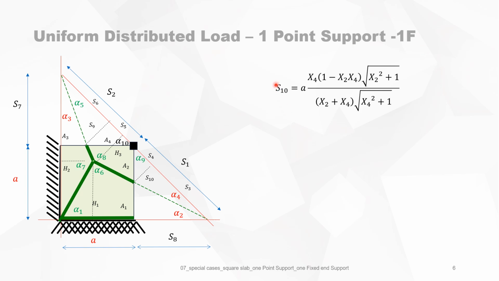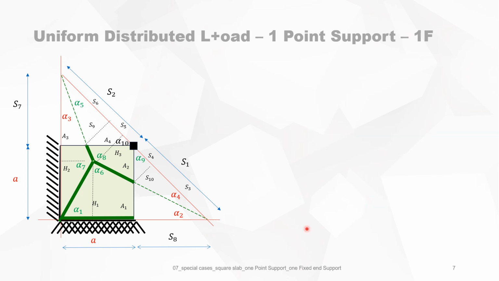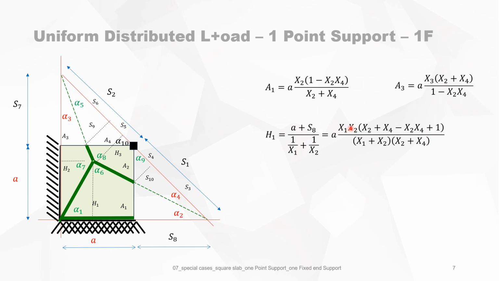The distance S10 is then given by this formula, S9 by this formula, and x1, like we said, the tangent of this angle, can be expressed in function of x2, x3, and x4. Then we arrive at A1, A3, H1, and H2.